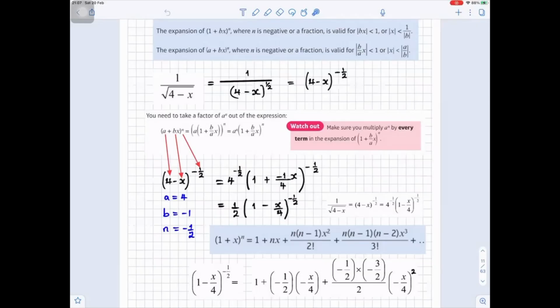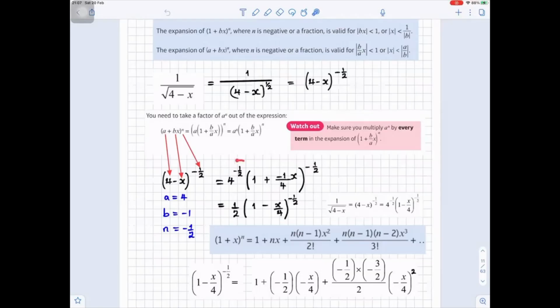So what comes out is a to the n: since our a is 4 and our n is minus a half, what comes out is 4 to the minus a half. And we're left with 1 plus b, which is minus x, over a, which is 4, all to the power minus a half.